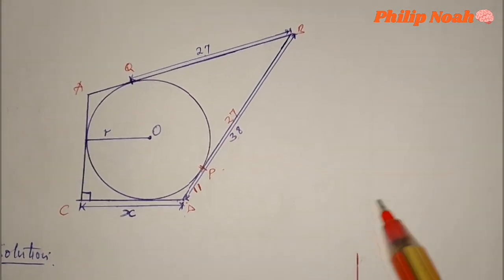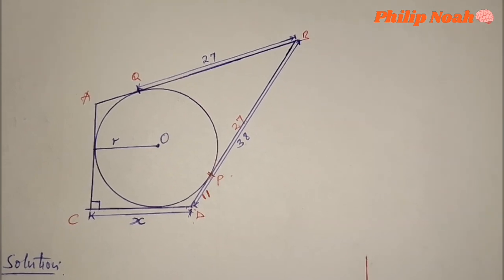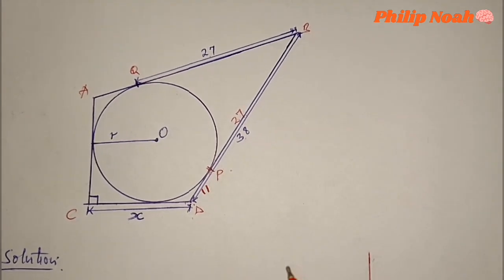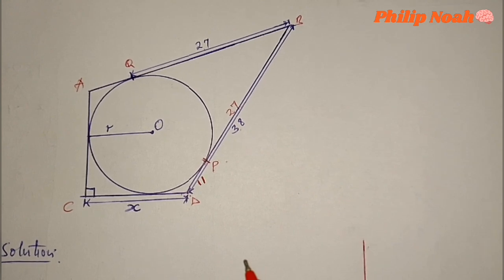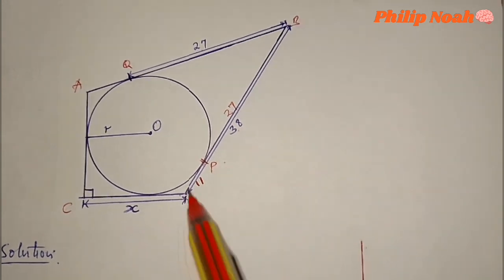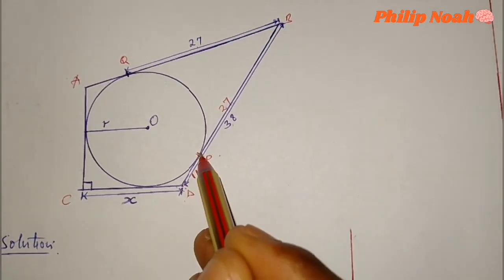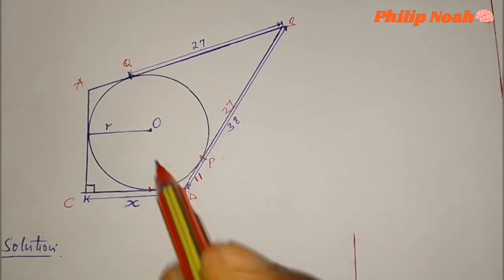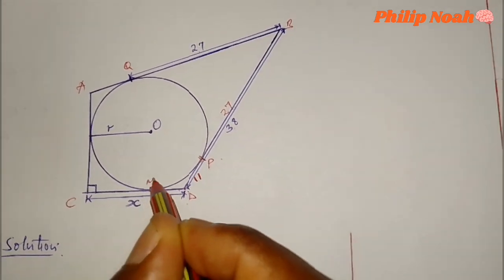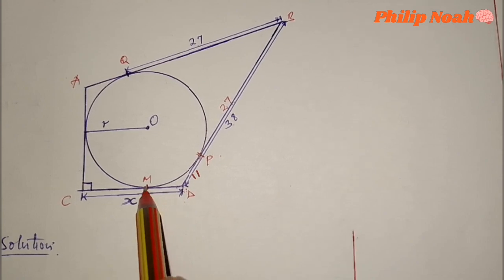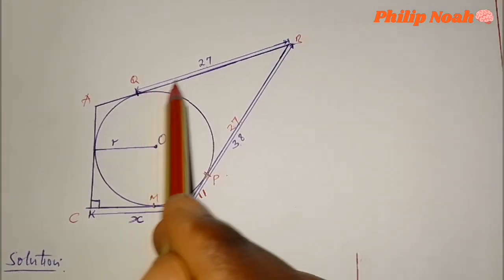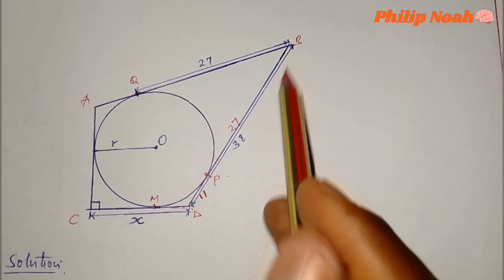Still on the same property, that tangents to a circle from an outside point are congruent. Are you seeing this PD and this one? You can label this M. This line here and this line here behave the same as QB and BP.